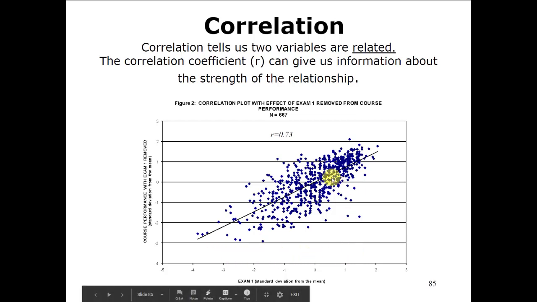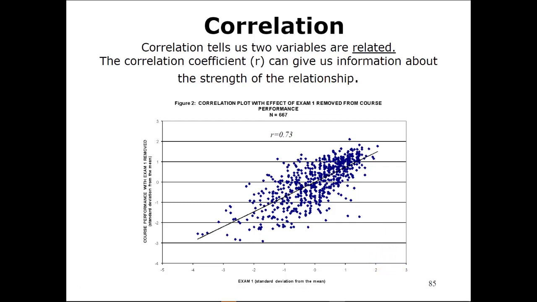Here we can see that there is a positive trend, right? It's linear because we really only deal with linear. And the correlation coefficient is pretty high, 0.73. So we can say that there is a linear, positive, pretty strong relationship between how someone scores on the first exam and their performance in the course at the end of the semester.